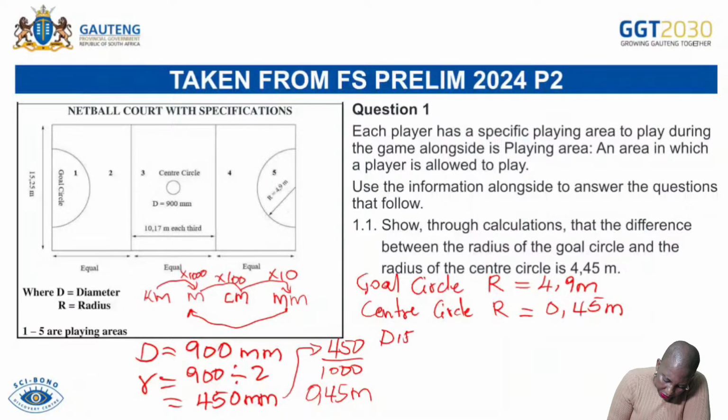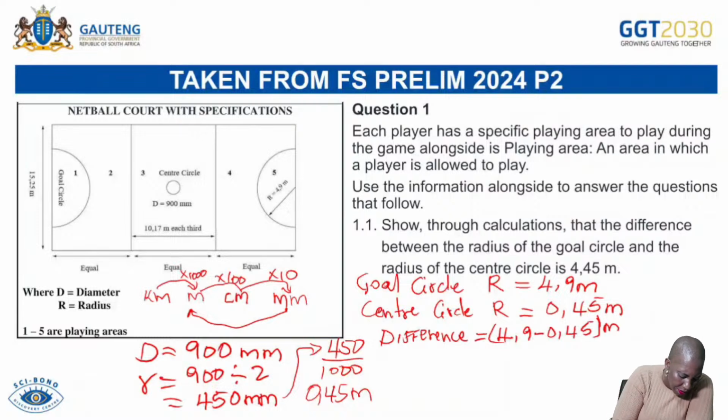And then difference. Now we say the difference. The difference will be 4.9 minus 0.45. Remember, they are both in what? In meters. Our units are both in meters. Then we go to our calculator.